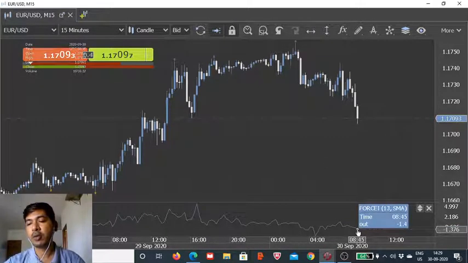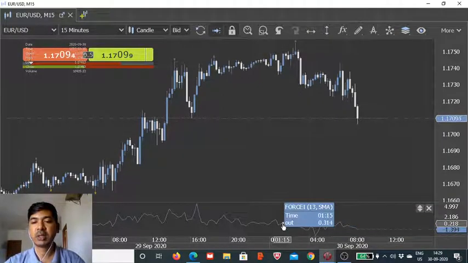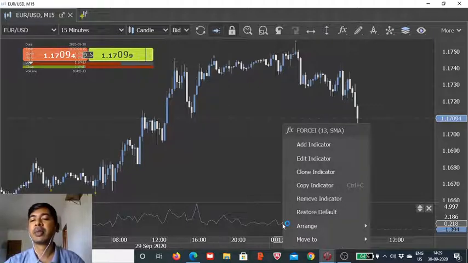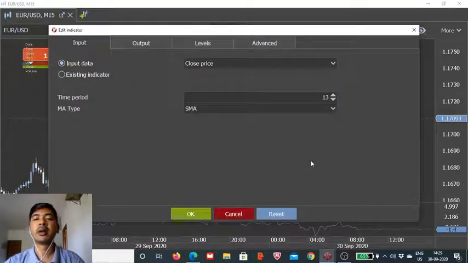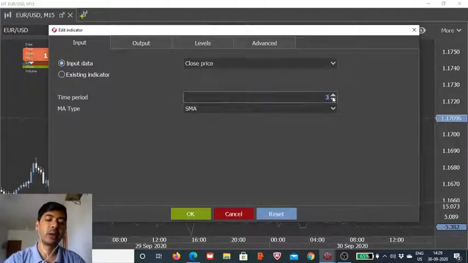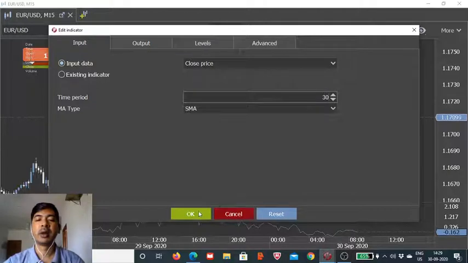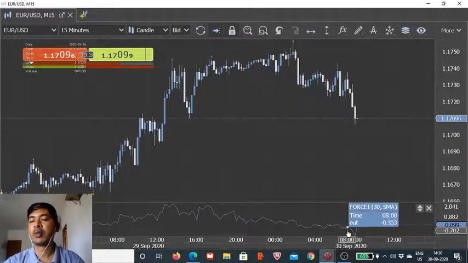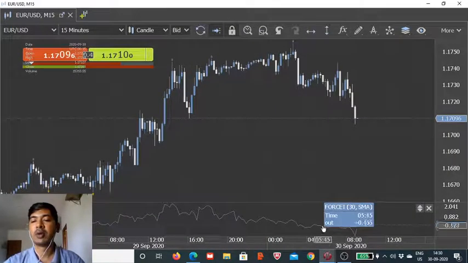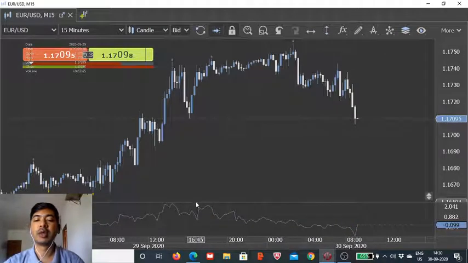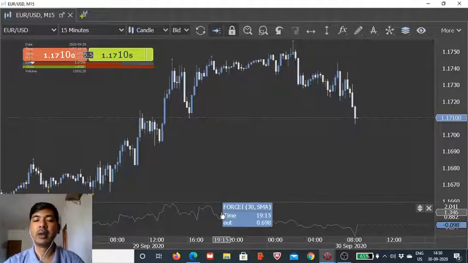And we can also change these other parameters to, say, a larger time period for calculation of the force index. We can increase it, for example, to 30, and the force index calculation will be a lot different when we are using the larger time frame data.